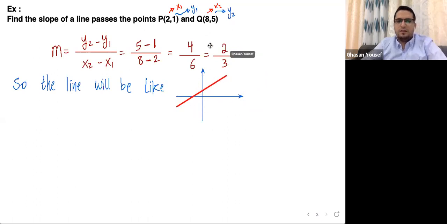This is the line of this example. Why? Because the slope here is greater than 0, positive.